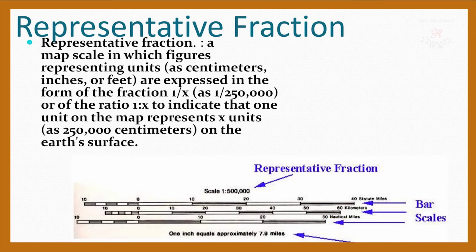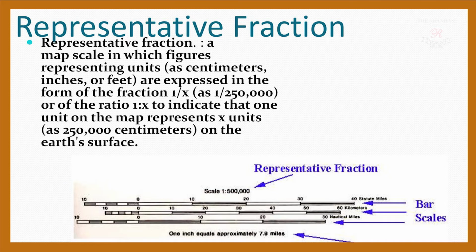Yes, now the most important thing, representative fraction. Please mug up the entire thing because this will help you to understand all the scales in detail. Now here, what is basically the representative fraction? Representative fraction, a map scale. Each and every word you have to learn.